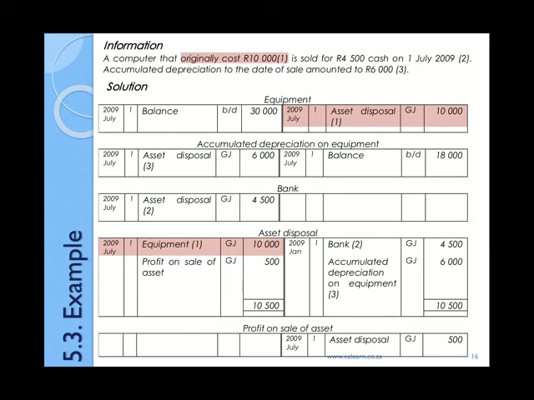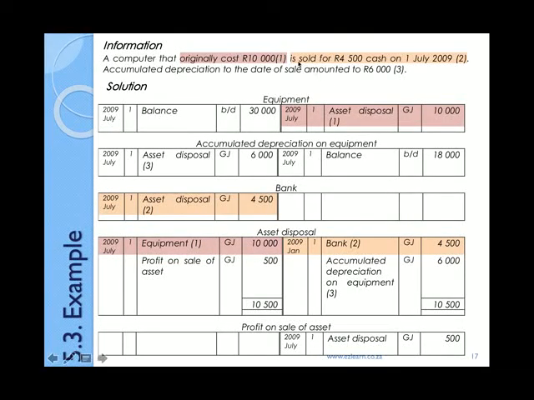Let's have a look at the example. Imagine that a computer that originally cost 10,000 Rand is sold. We are given the cost price of 10,000 Rand. This would have been included in the balance brought down for equipment, but we only take out the cost of the asset that we sold. This will be brought down into the asset disposal account, shown on the debit side.